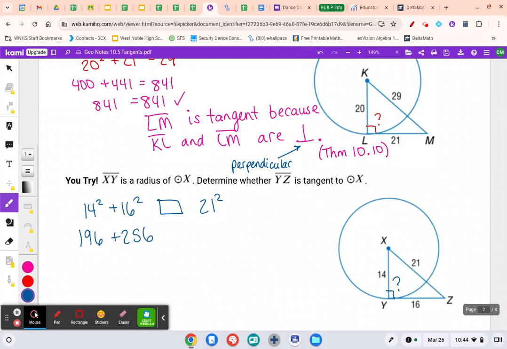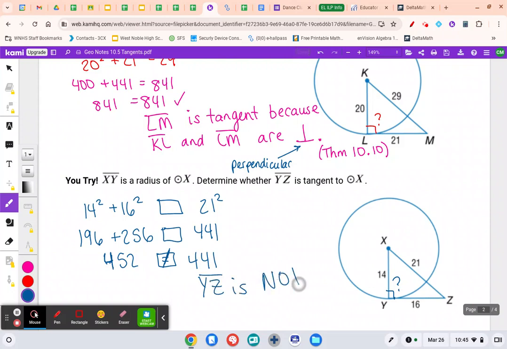So we have 196 plus 256 might equal 441. When we add, we get that the left side is equal to 452, which is not equal to 441. So this segment, although it looks like it is tangent, is not.